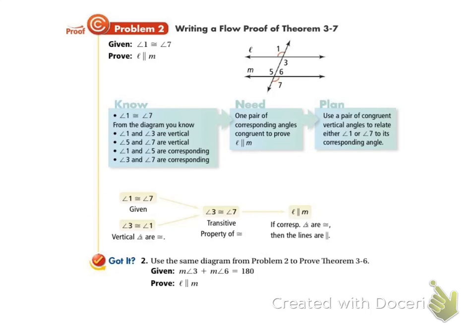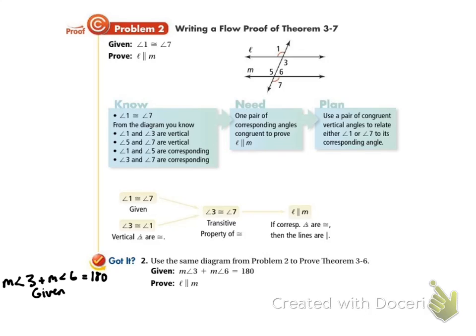Okay, so let's try our own proof. We're going to use the picture from up top. I am told that the measure of angle 3 plus the measure of angle 6 is equal to 180, and that was given.